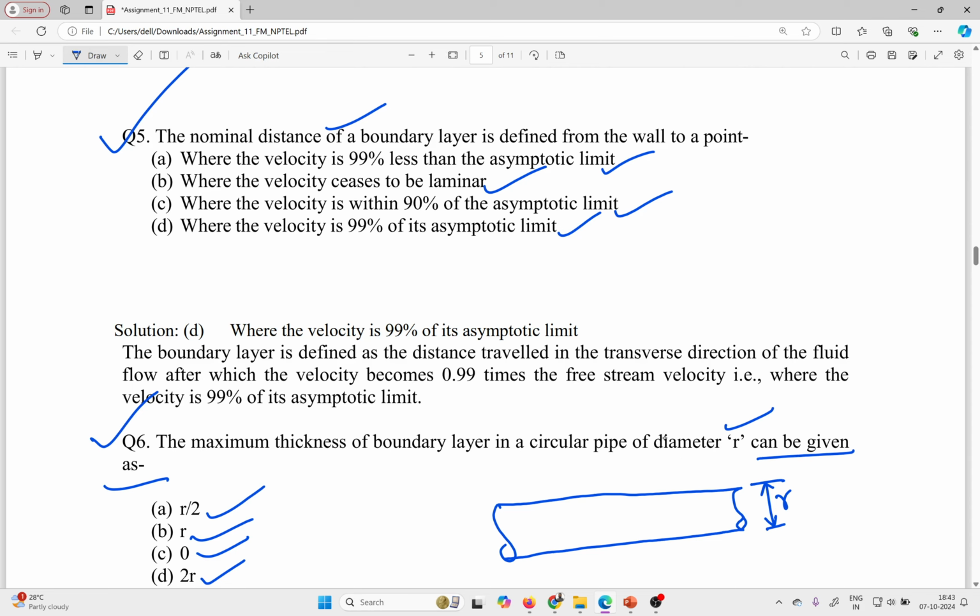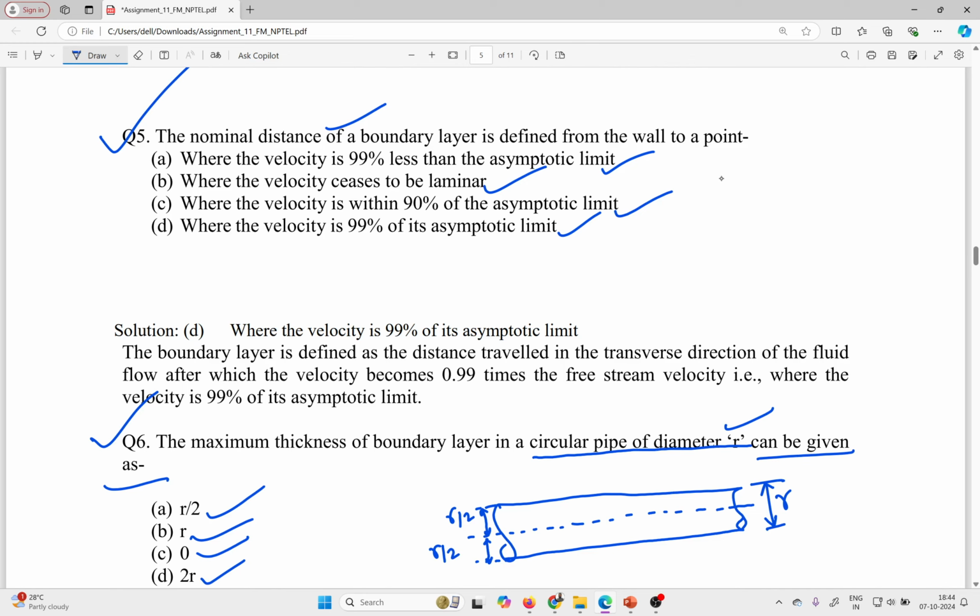This is the diameter R given in the question. So it means half of this distance will be R by 2. This side also R by 2.